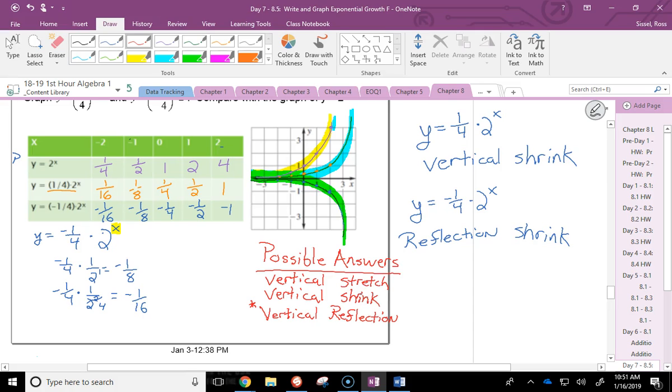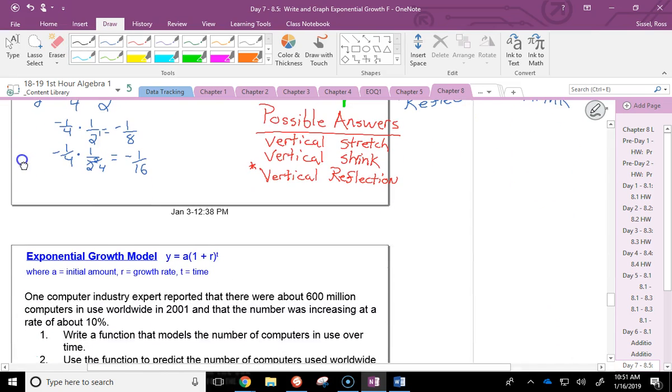Real quick, I'm going to draw a picture to kind of show you each one of those. So here's my graph. That's a horrible one. And we'll say this is my parent line.